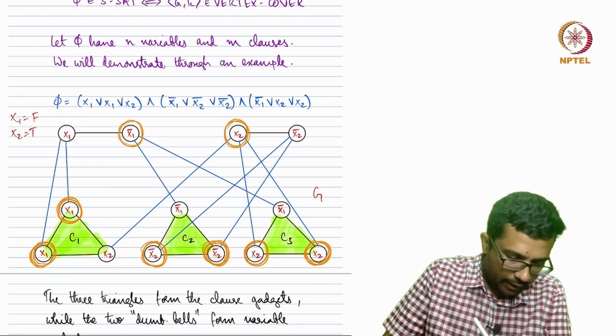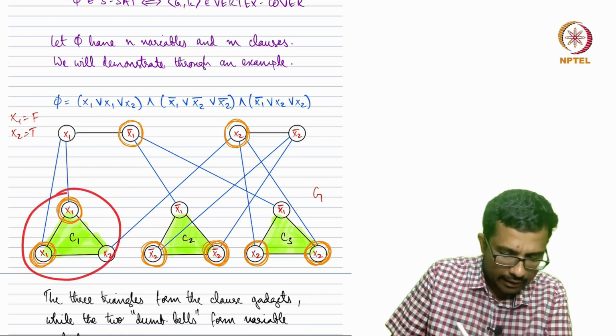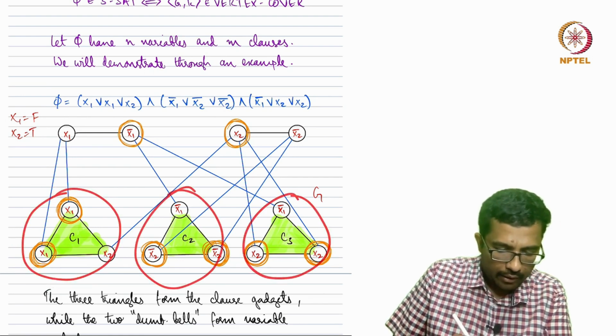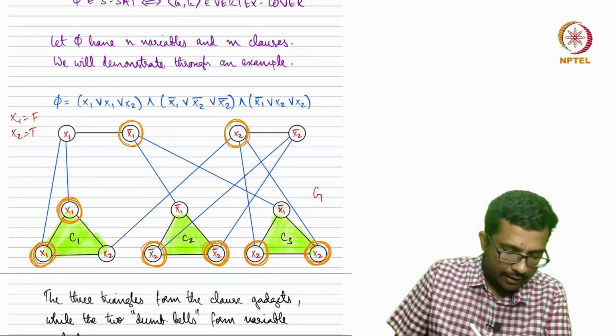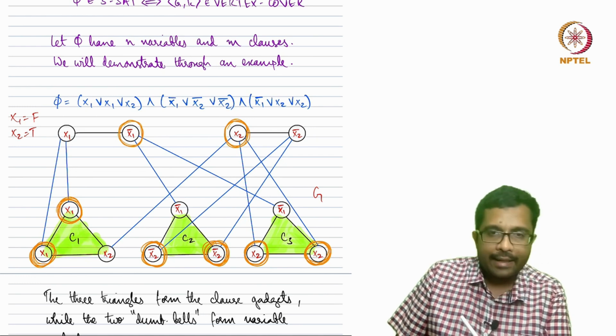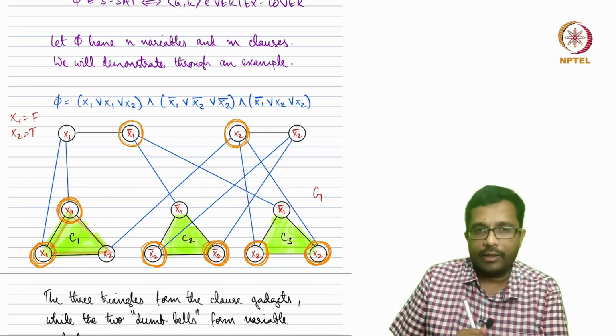So we have picked two vertices from each clause gadget, right. The claim is that this clause gadget has 3 edges, and any 2 vertices in this triangle cover the edges. So all the 3 edges here are covered by these 2 vertices.